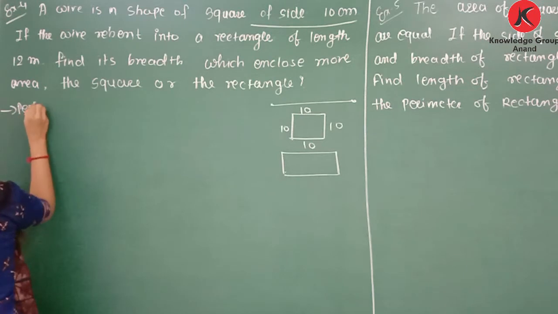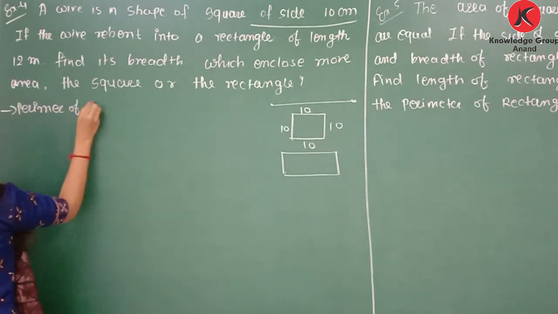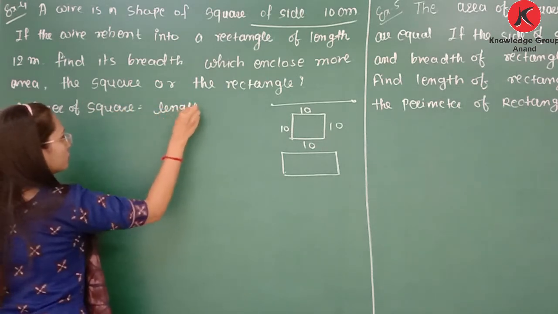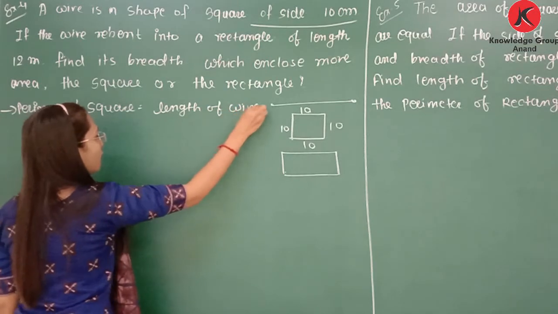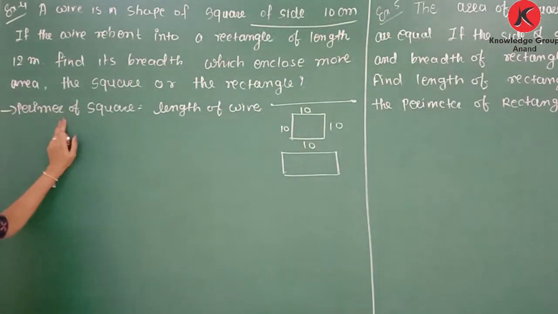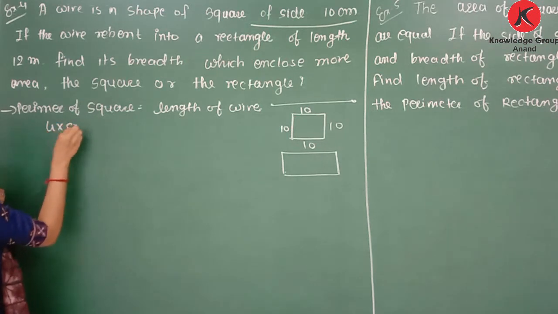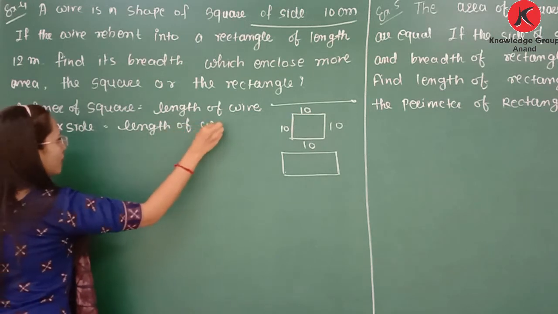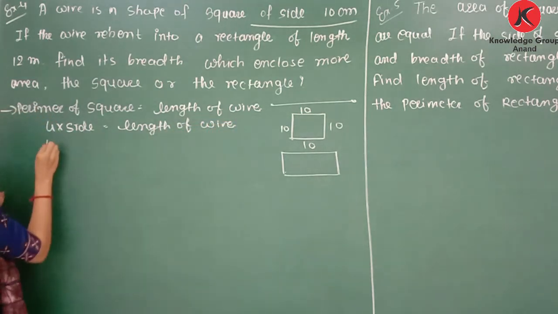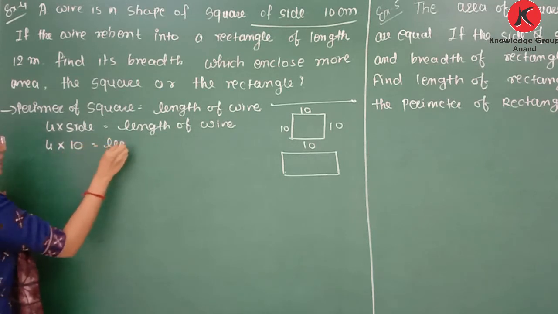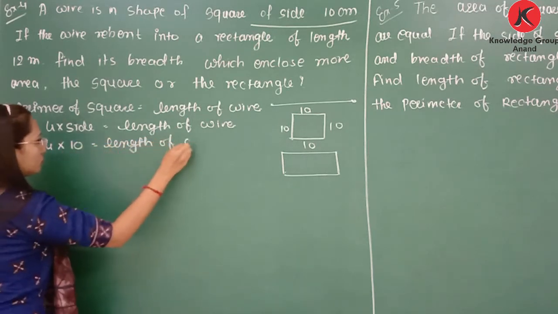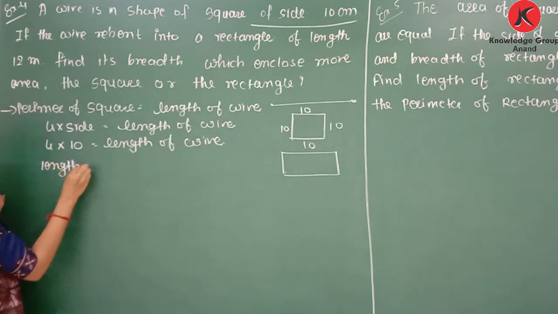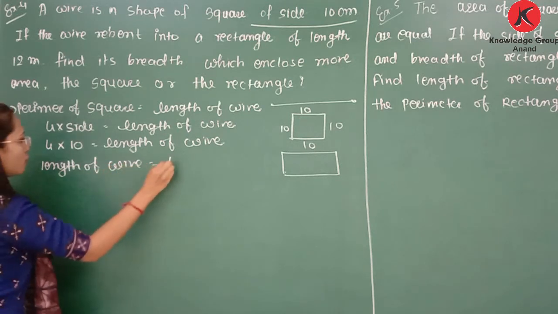So perimeter of square will be equal to length of wire. What is the equation for the perimeter of a square? That is 4 into side is equal to length of wire. So 4 multiplied by 10, so length of wire will be 40 centimeter.